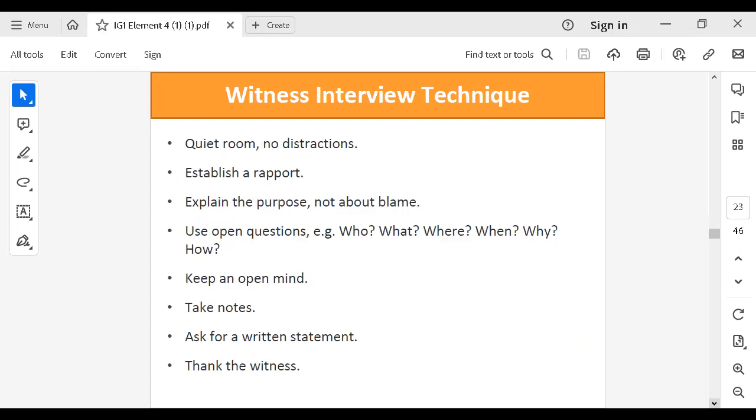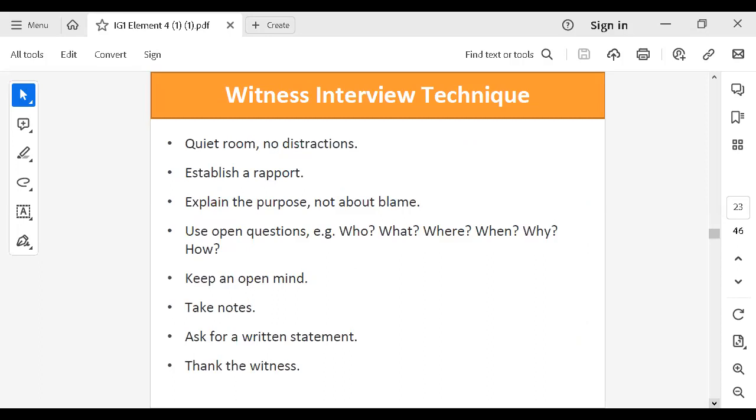So how will we interview the witness? Techniques: we need a quiet room, with no distraction from other workers and no noise in that place. Establish a rapport with the witness. Explain the purpose, not about blame. Explain that the purpose of the interview is so that this accident does not reoccur in the future, and that we are not blaming you.